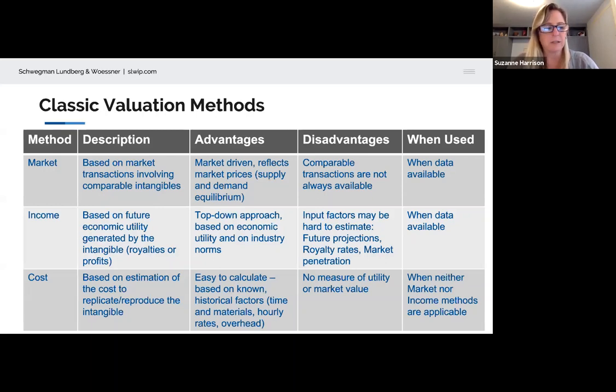One of the questions that comes up around intangibles is whether they're so unique that there is nothing comparable. And the answer is there's always something comparable. But you can argue the differences of your intangible vis-a-vis someone else's. There may not always be market data, though.